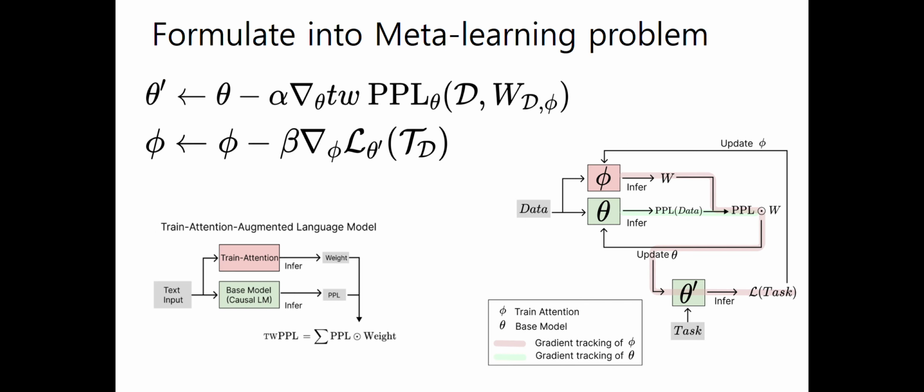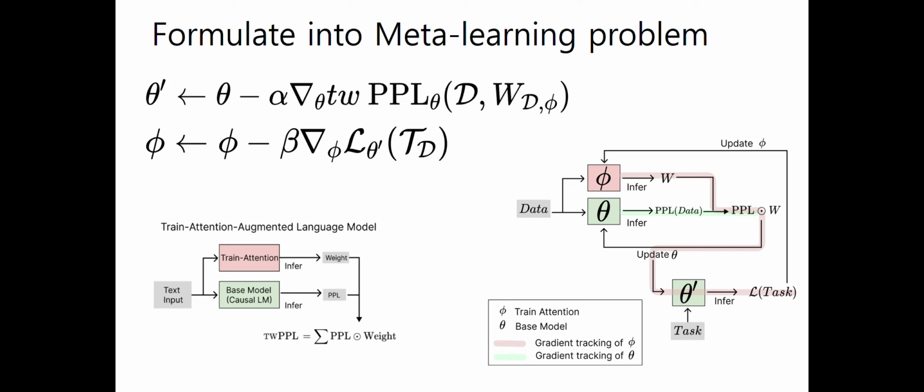Defining the importance as usefulness enables employing a meta-learning algorithm to teach TA to predict useful tokens. Let theta represent the LLM and phi represent the TA. As shown in the illustration on the right, the TA determines which tokens to focus on within the data, generating a weight map accordingly.